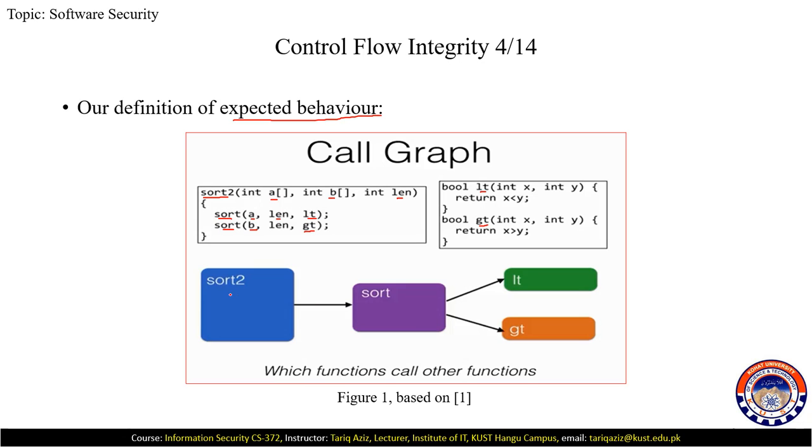If you look at the picture, this is the sort2 function which calls this sort function. Now this sort function calls the LT function, and this sort function also calls the GT function. So this is the function call.